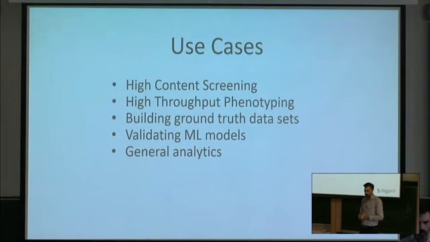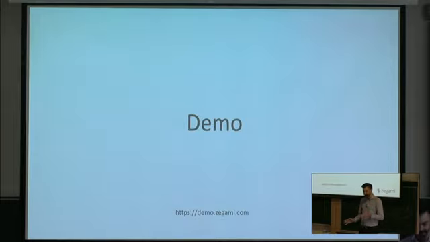And then also around validating and understanding machine learning models and their outputs, so that you can refine them. And then just general analytics as well. You can put any kind of data into Zegami and start to get meaning and results out of them. So it's just so much easier if I show you.